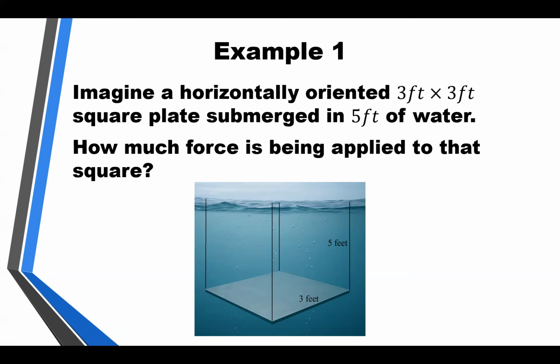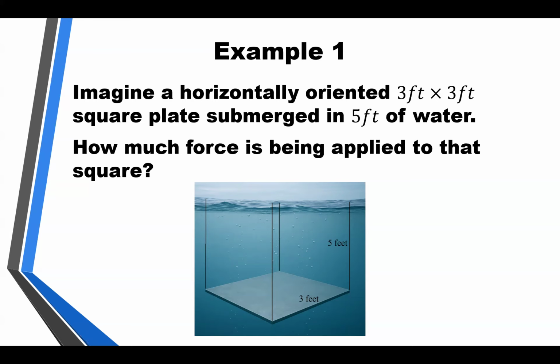So let's do an example. Imagine I have a 3 by 3 foot square plate submerged in 5 feet of water. How much force is being applied to that square? Basically, what we do is we take the pressure, which is again weight density times depth.